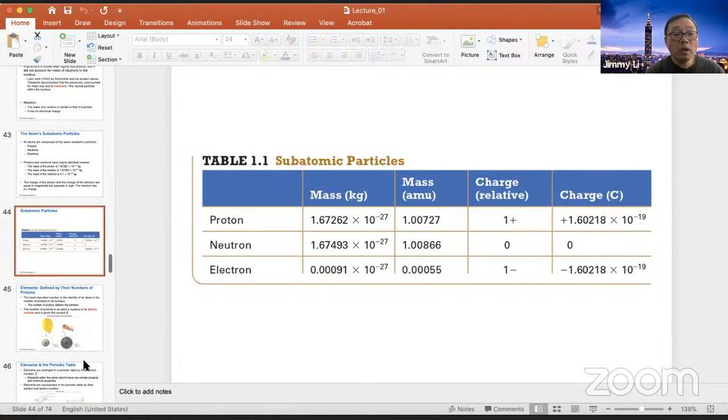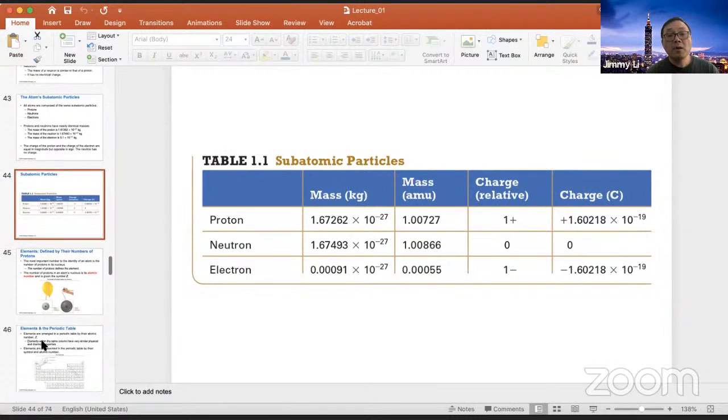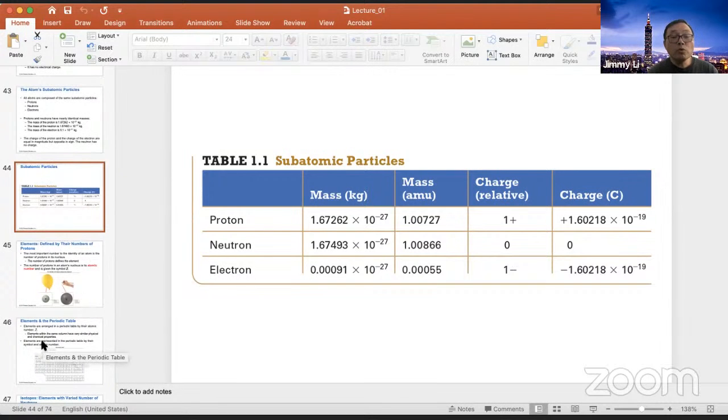So our conclusion here is that electrons are located outside the nucleus, and protons are inside the nucleus, and neutrons are also inside the nucleus. So I just want to give you the idea: where are they located, and who discovered them? I don't care about the age, but I want you to know the chronological order. The electron was discovered first, followed by the proton and neutron.